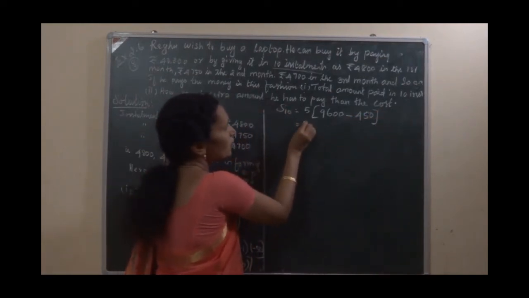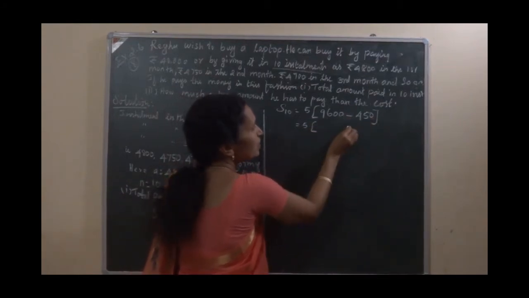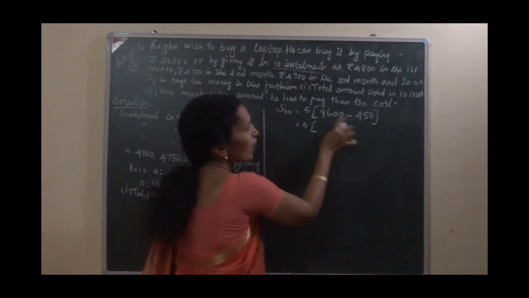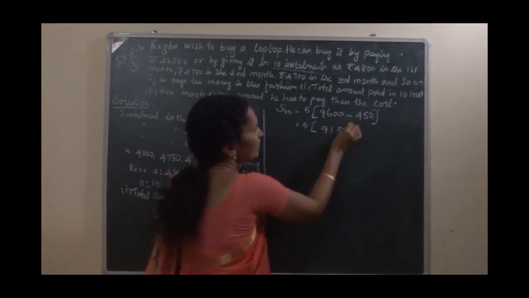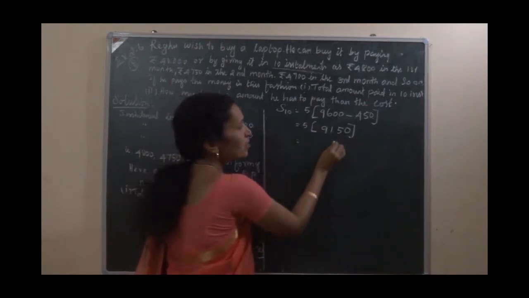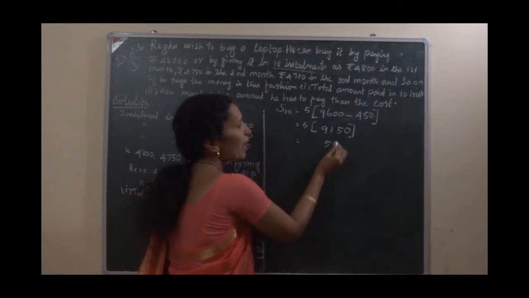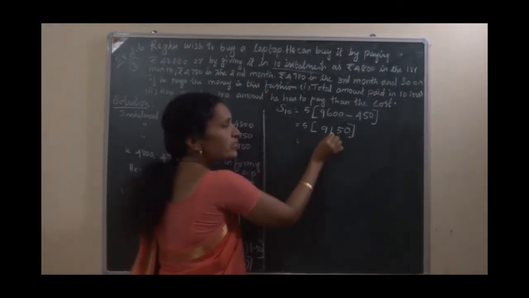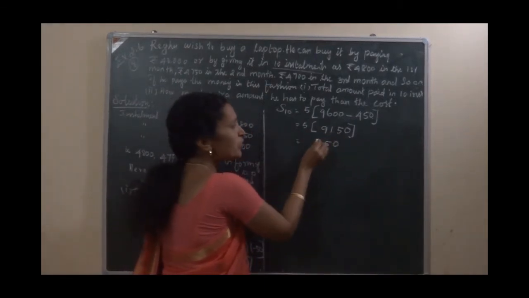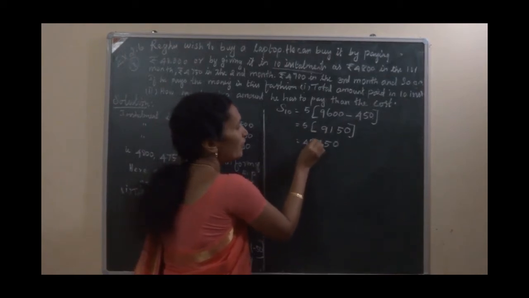This is equal to 5 into 9,150. Multiply: 5 into 9,150 is 45,750.